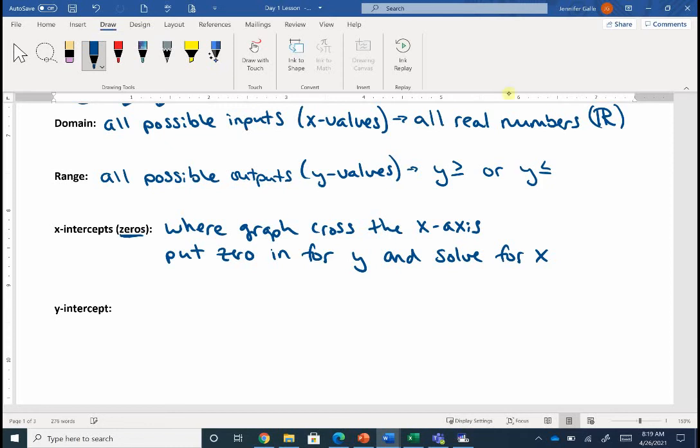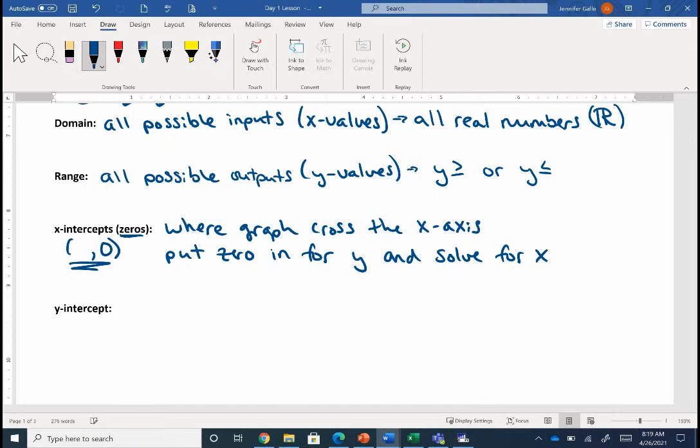So our x-intercepts are always going to be a 0 in for the y value. So the idea of x-intercepts, when you guys graphed your linear equations in standard form during first trimester, you found x-intercepts, and to find that you put a 0 in for the y and you found your x. You might not have actually put the 0 in, you might have just covered it up, but that's the same idea.